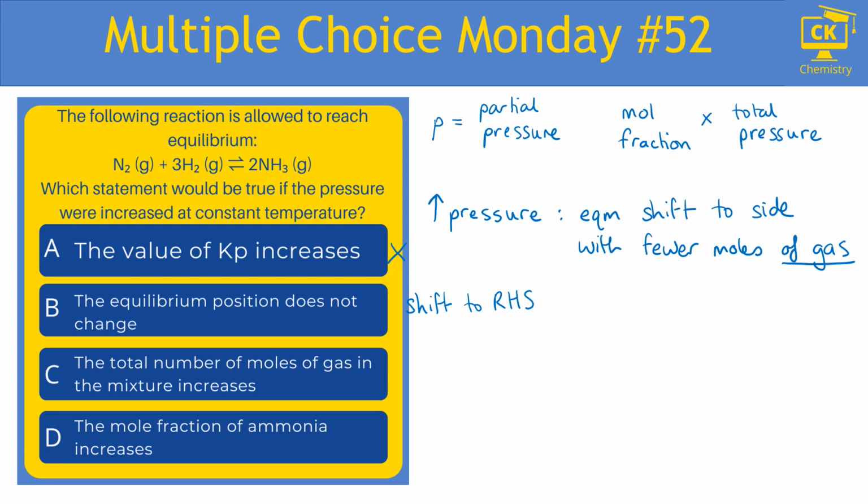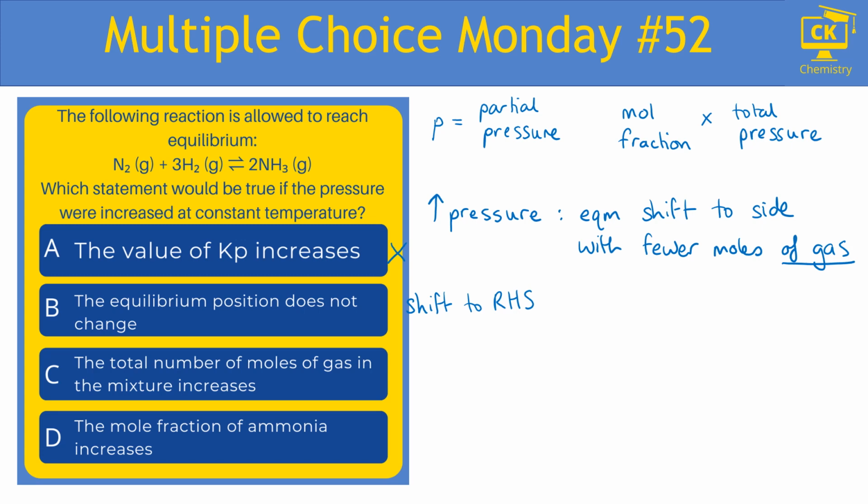Now, if we're saying that we're shifting so that more nitrogen and hydrogen react to produce more ammonia, that means we're reducing the amount of stuff on the left hand side, which is equal to 4 moles of gas, and we're replacing it essentially with ammonia, which is equal to 2 moles of gas.